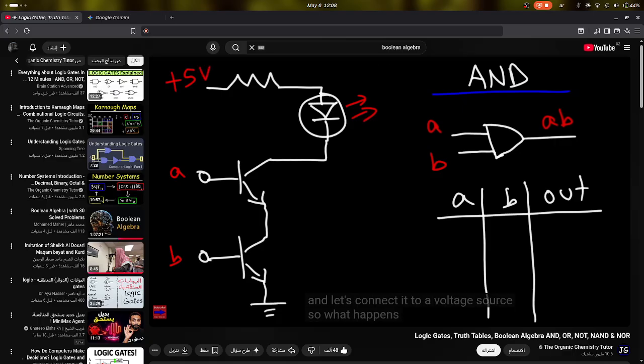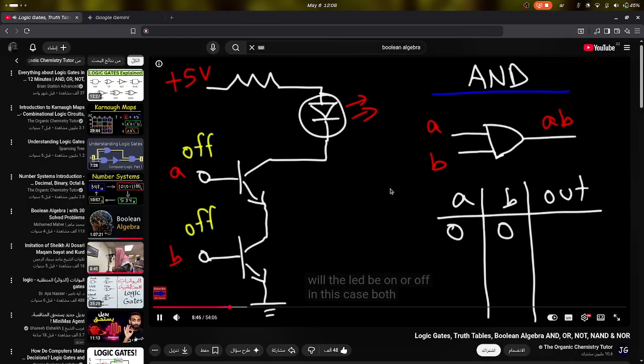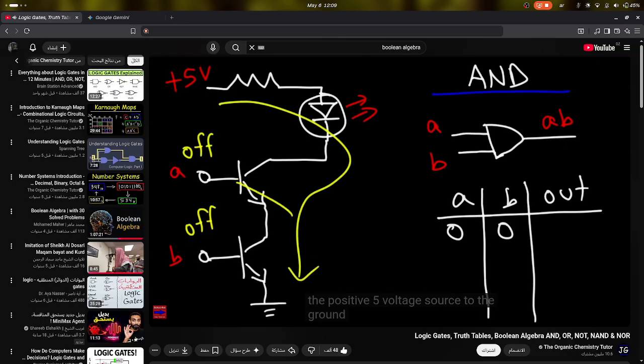So what happens if input A and B are in an off state? Will the LED be on or off? In this case, both transistors will be off. So no current can flow from the positive 5 voltage source to the ground.